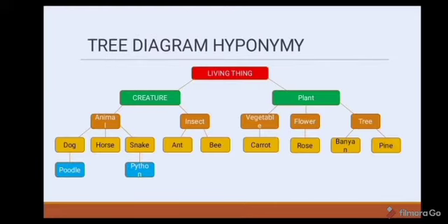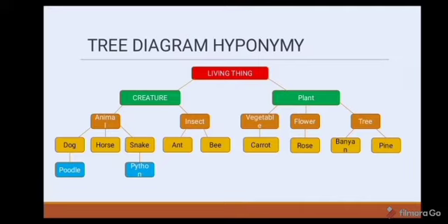You can see a diagram of hyponyms. The first is living thing. Living thing has creature and plant. Creature has animal and insect. Animal has dog, horse, snake. Dog has poodle and snake has python.